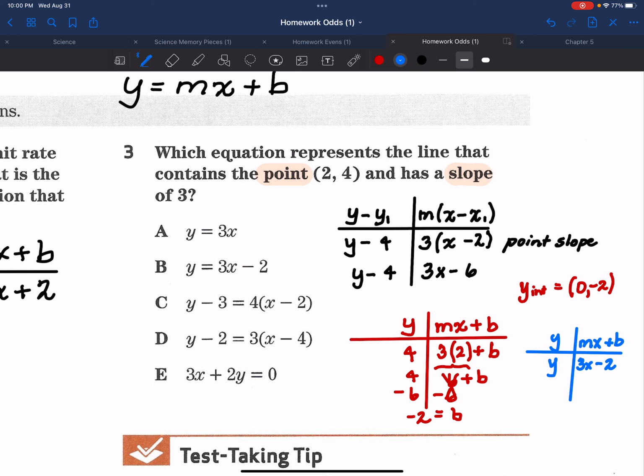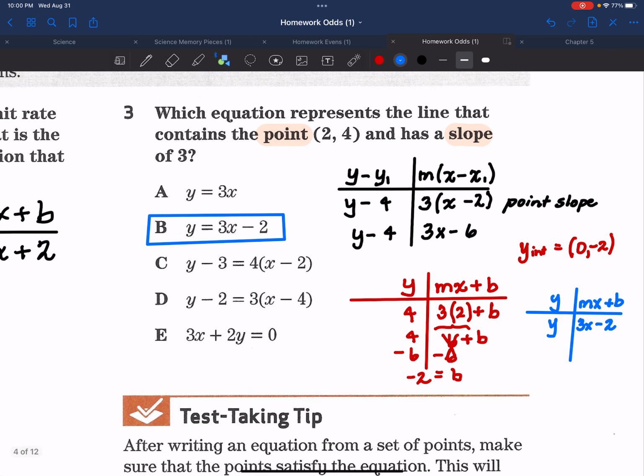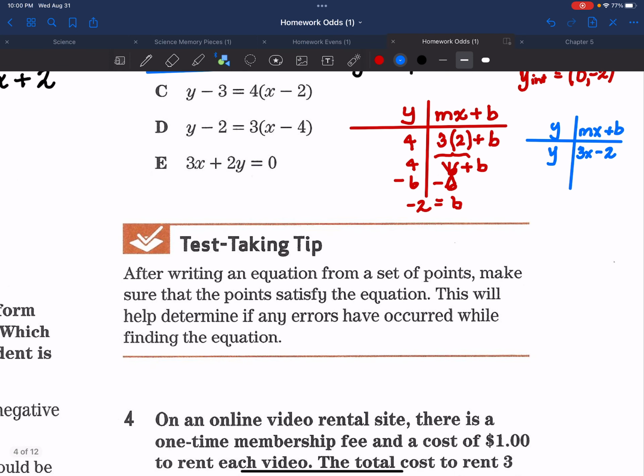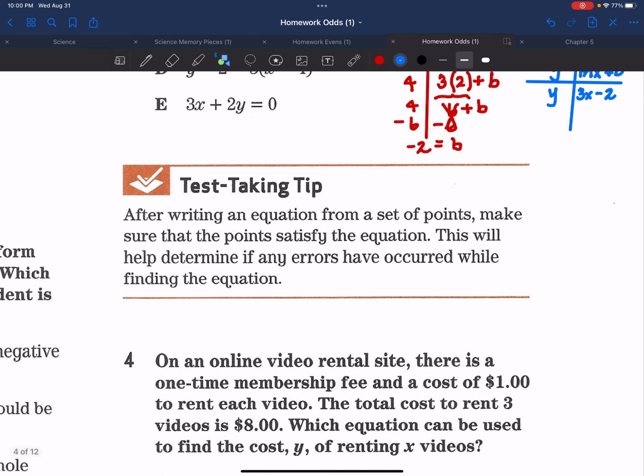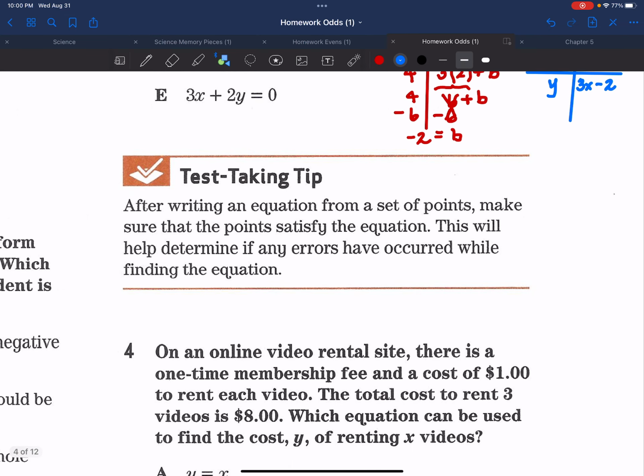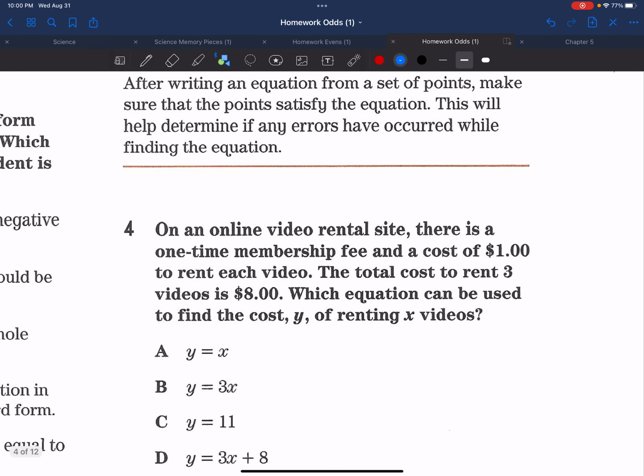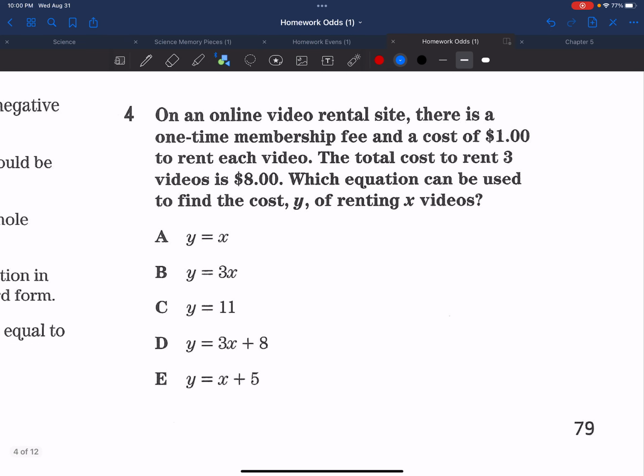And that is one of my choices. So in slope-intercept form, we do come up with the equation we need. Here is a test-taking tip. I encourage you to read that, but I'm going to continue on to number 4.